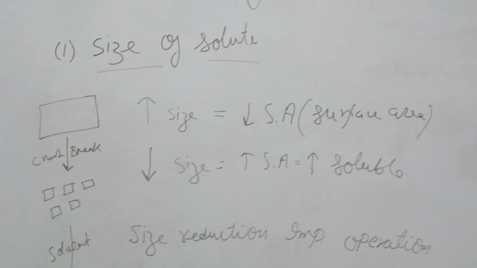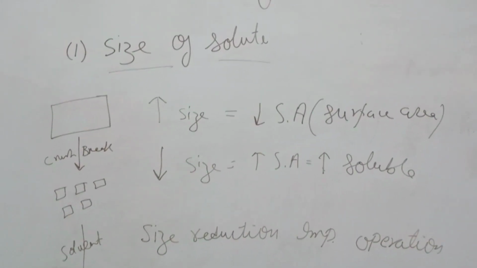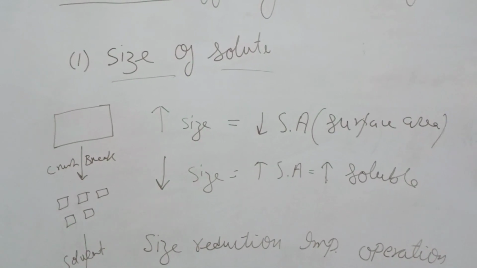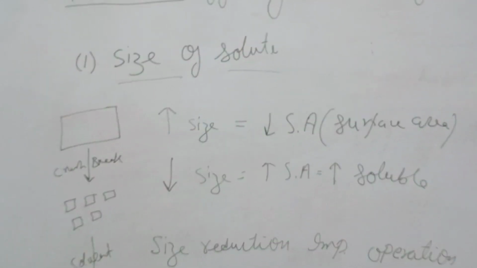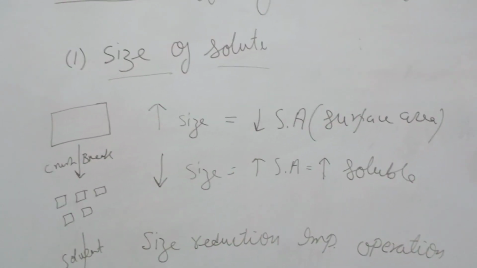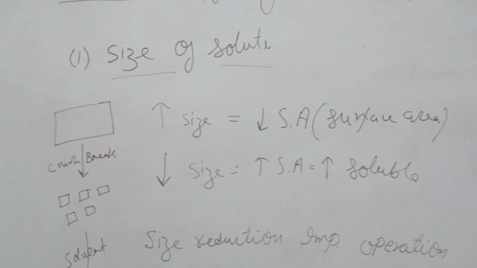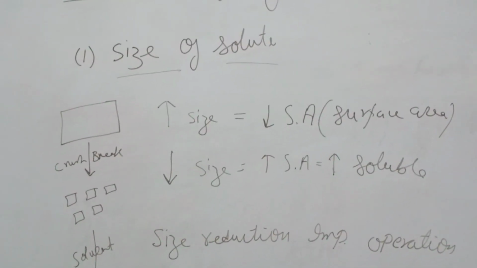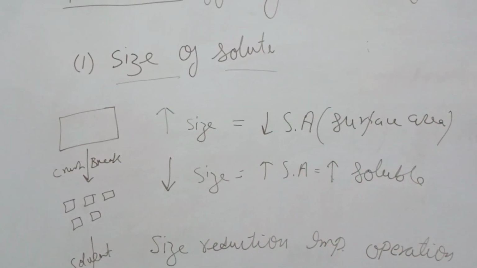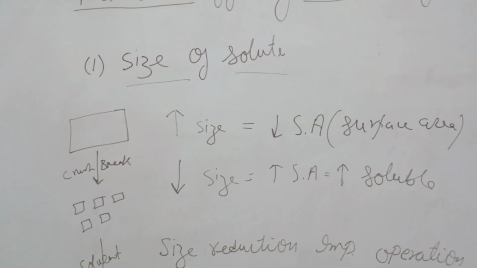So anyhow, a solute can be available in all the 3 physical states, that is the solid, liquid and gas. However, I here within this heading only restrict my discussion to the solid state of solute.